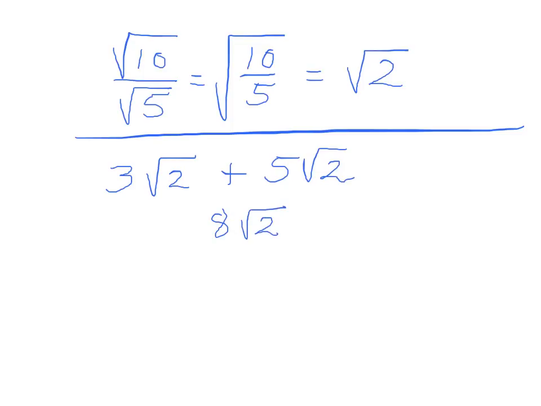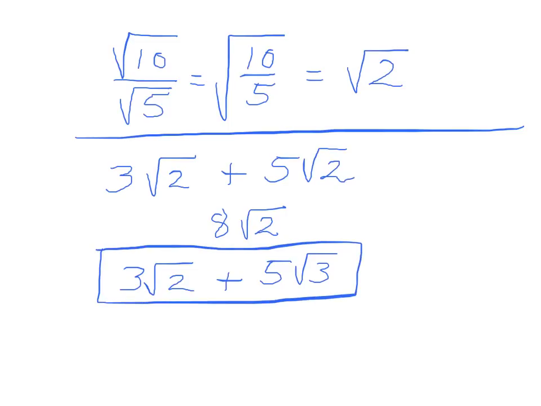So you can add like terms, but you can't add things like 3 root 2 plus 5 root 3, because those are different sorts of things. So that doesn't work. You can't simplify that one. These are different problems, but this one's done.